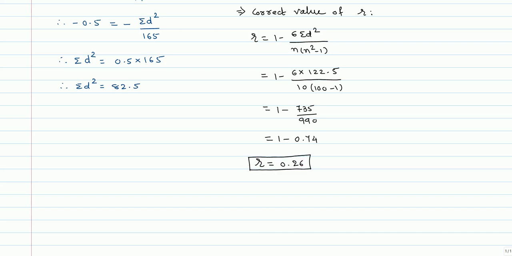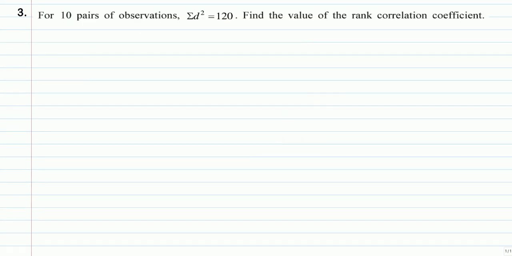It is our answer. Third sum, but it is a very easy sum. For 10 pairs of observations, sigma d square is 120. Find the value of rank correlation coefficient. Very easy question. We apply the formula directly: R is equal to 1 minus 6 sigma d square upon n of n square minus 1. Sigma d square is given as 120, n is given as 10, so 10 into 99.